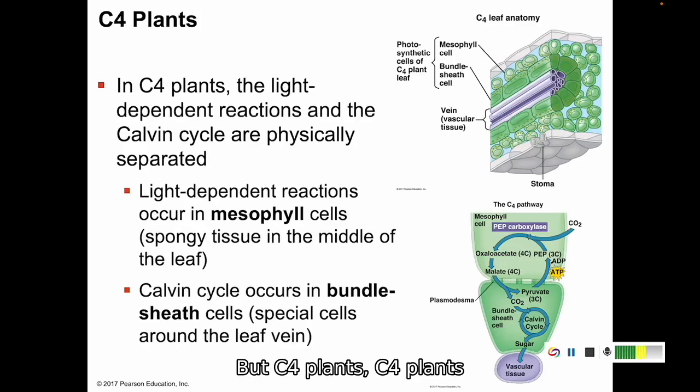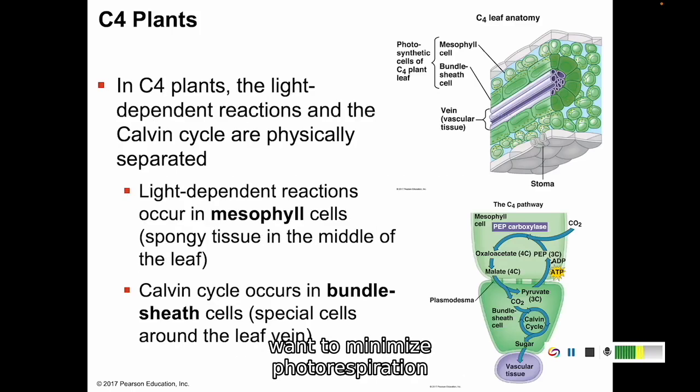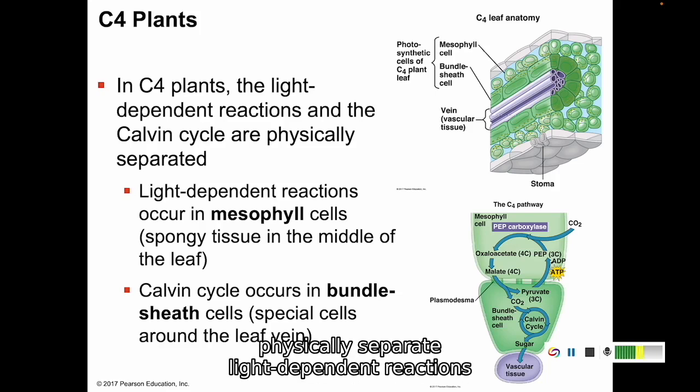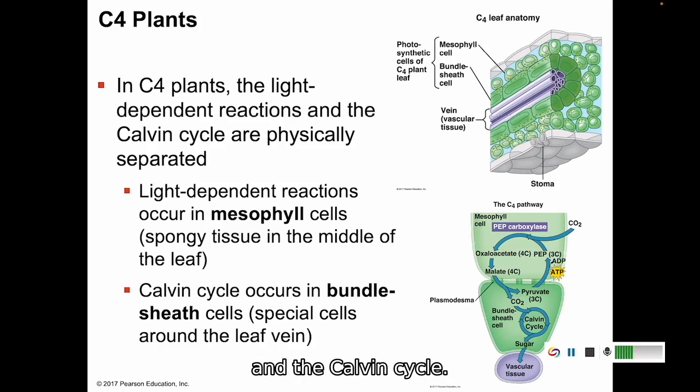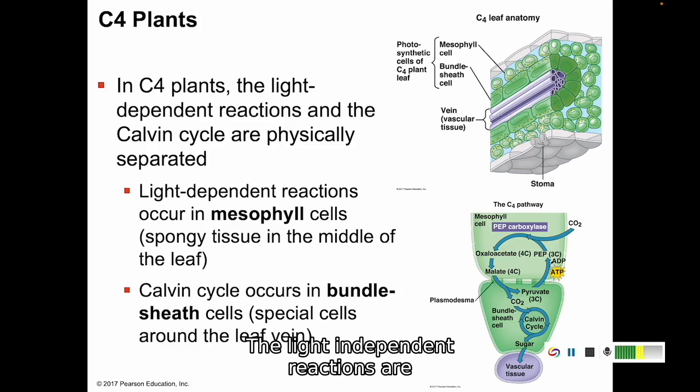But C4 plants want to minimize photorespiration so that they can keep their stomata closed and conserve water. So C4 plants have developed a way to physically separate the light-dependent reactions and the Calvin cycle. The light-dependent reactions are going to happen in mesophyll cells.